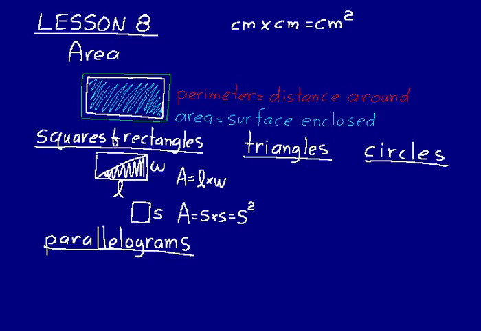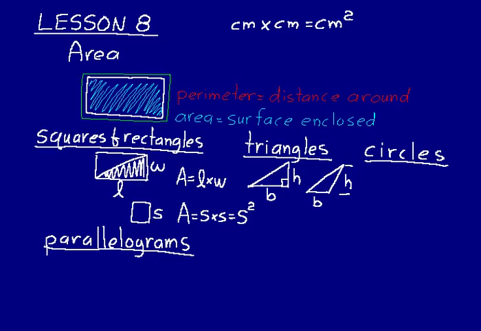So triangles are basically just half of a rectangle. But there are a couple of other special properties of triangles that we need to consider, and we don't say length times width divided by 2 to figure out the area of a triangle. We usually say base times height divided by 2. We just give the sides special names.